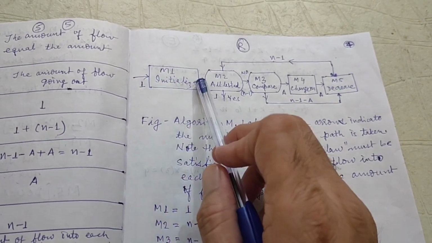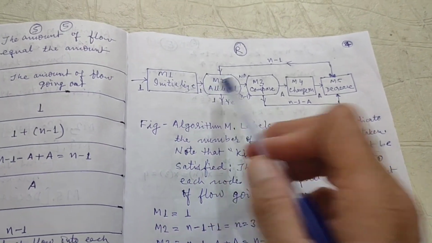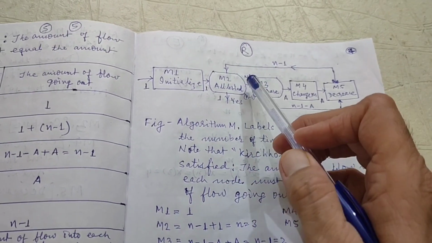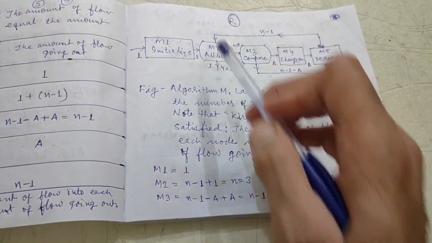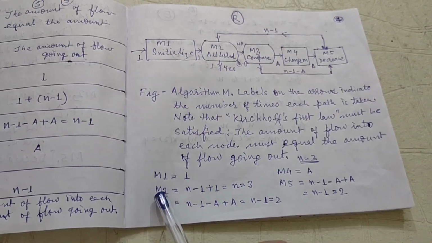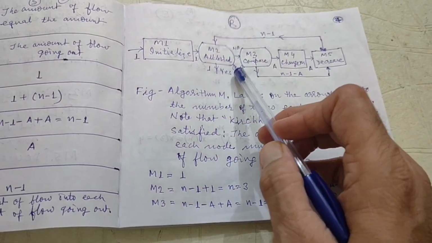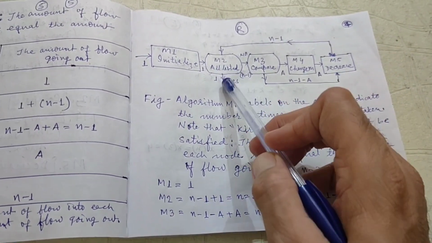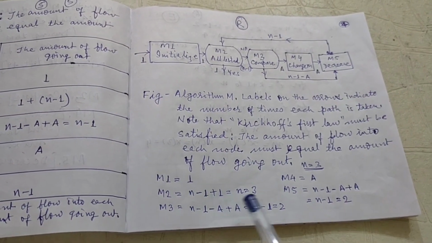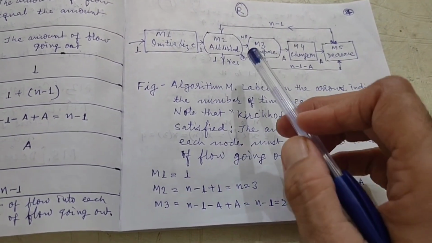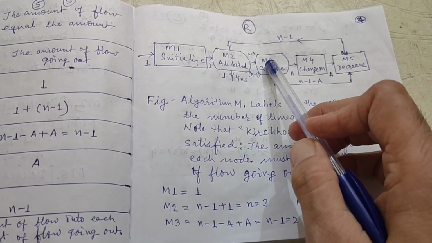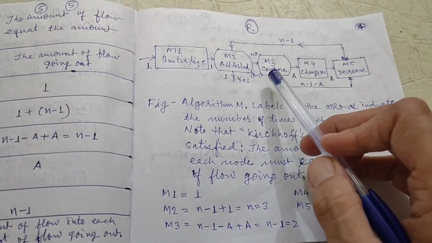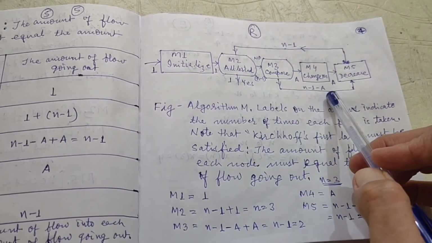M1 is one time. M2 is one time and n minus 1 times. So M1 is 1, and M2 is n minus 1 plus 1, because both are going out, so n, which is 3. For M3, n minus 1 is input, and A is output, and this is also output.